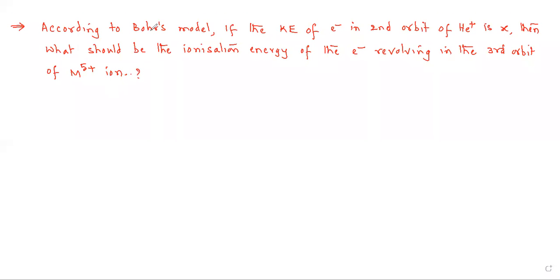Yes. So this is, of course, having two things. Given that the kinetic energy of electron in the second orbit of helium plus is X, and of course asking the ionization energy of the electron revolving in the third orbit of M5 plus.